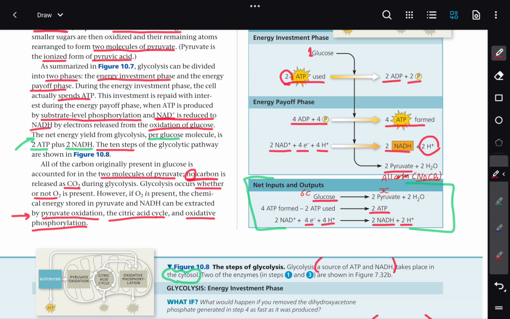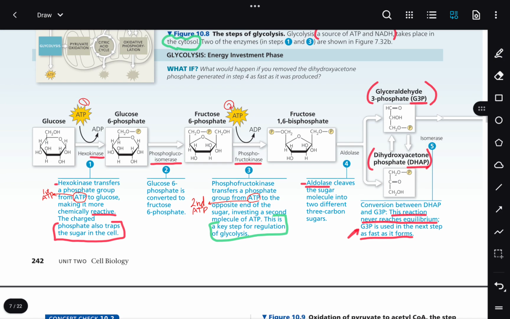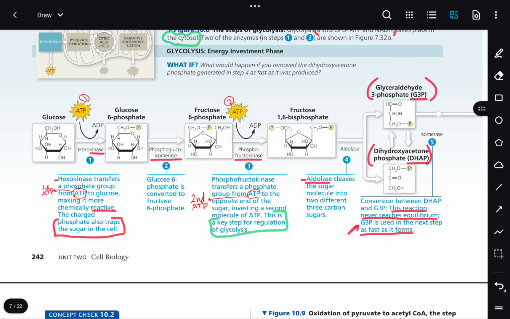What happens at the 4th and the 5th is that glucose is broken down into 2 molecules, 3 carbon atom molecules. From 6 and forward, we will start regaining energy in the form of 2 NADH and 4 ATP. So let's go. The steps.